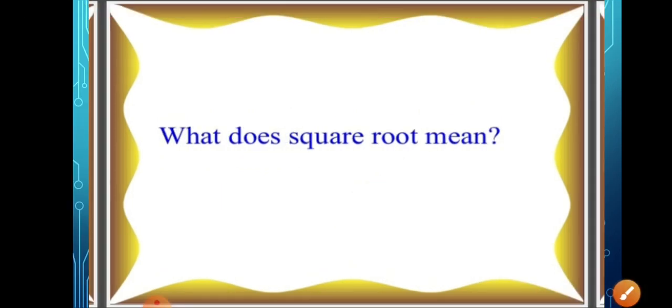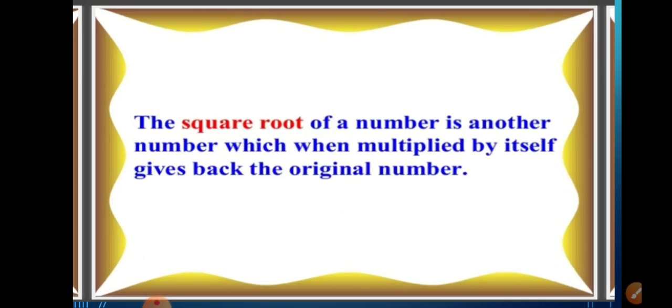Now, what does square root mean? The square root of a number is another number which, when multiplied by itself, gives back the original number. The square of a number is the product of the number by itself, meaning 5 into 5, 25.